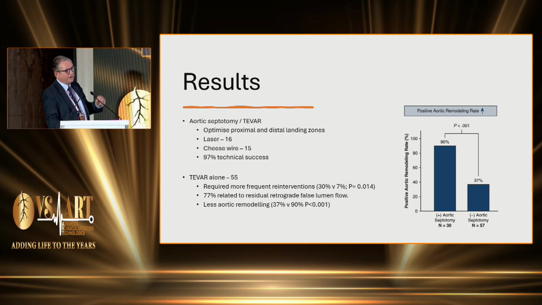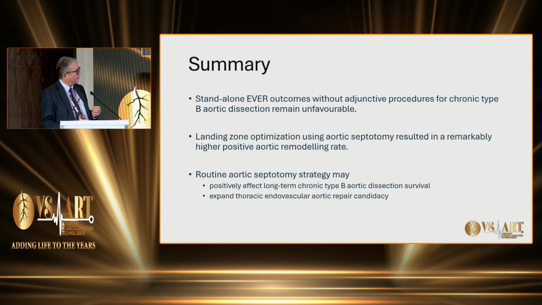And they had a very good technical success with this procedure. And if you had TEVAR alone, the technical success was less. You required more interventions, and there was less aortic remodeling. And I think following this, the aortic remodeling is really, really important.